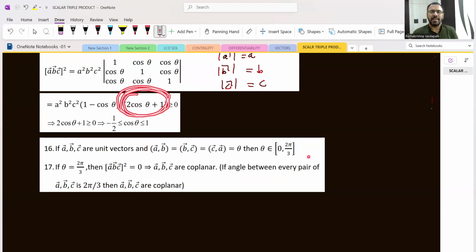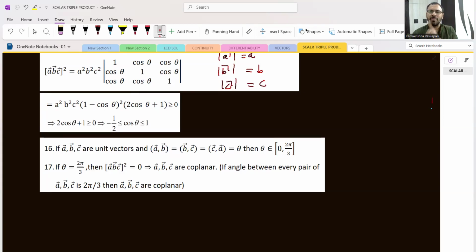It is positive when theta belongs to 0 to 2 pi by 3. If theta is equal to 2 pi by 3, then 2 cos theta plus 1 becomes 0, then box is equal to 0, then A bar, B bar, C bar are coplanar vectors. So if the angle between any pair of vectors of A bar, B bar, C bar is 120 degrees, then definitely A bar, B bar, C bar are coplanar vectors.